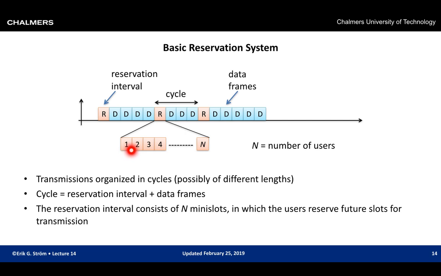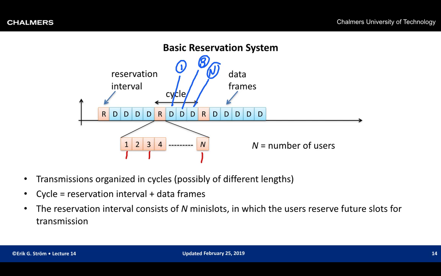Then everybody knows that the first data frame that follows is the data frame from number 1. So if number 1 and number 3 and say number N said, okay, we would like to transmit, then the first data frame comes from user number 1, the second one comes from number 3, and the fourth one happens to come from capital N in this case.